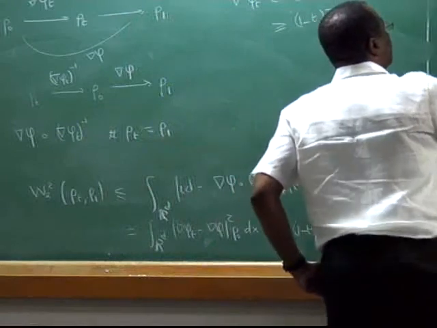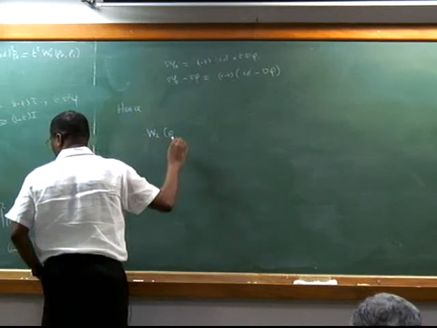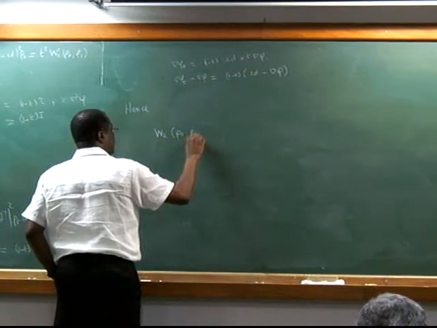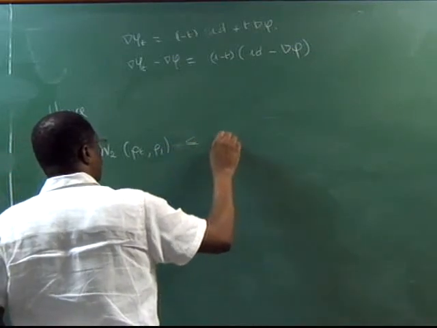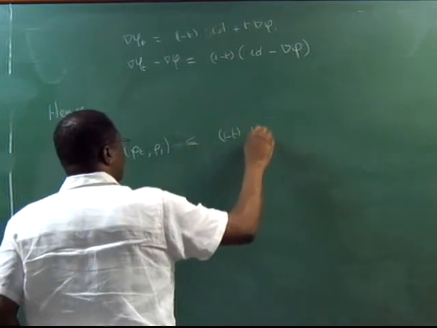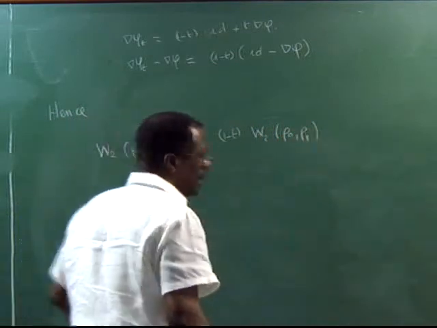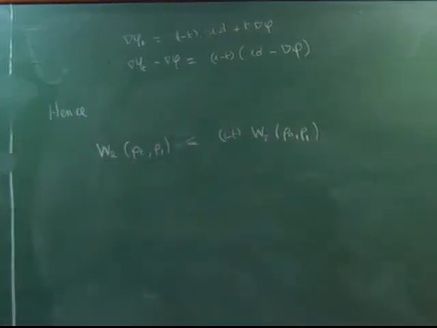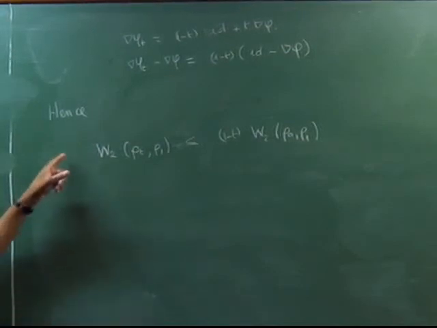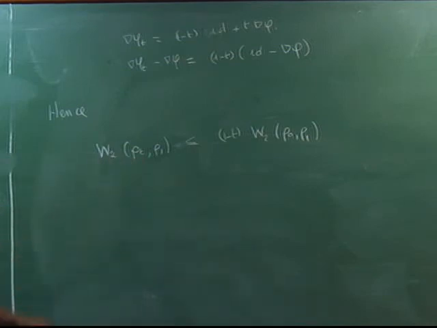So the distance between rho t and rho 1 is less than or equal to (1 minus t) times the distance between rho naught and rho 1. So now I am going to add the distance from rho naught to rho 1 on each side.